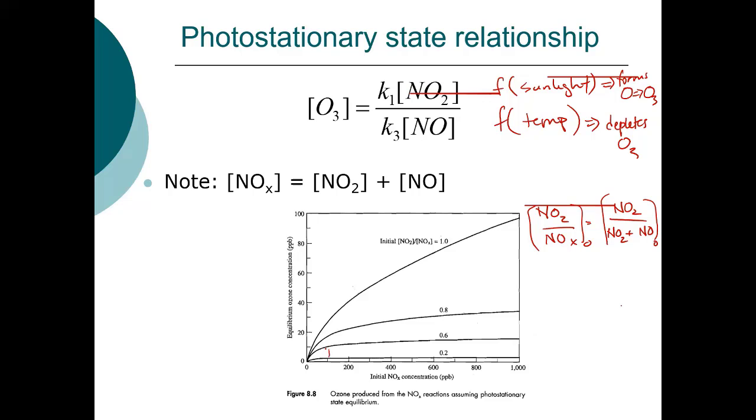We can essentially show the same thing here. So for instance, if we look right here at an initial NOx concentration of 100 parts per billion, and then we look at this ratio, what we see is that in order to form high concentrations of ozone, we need a high value of this ratio.